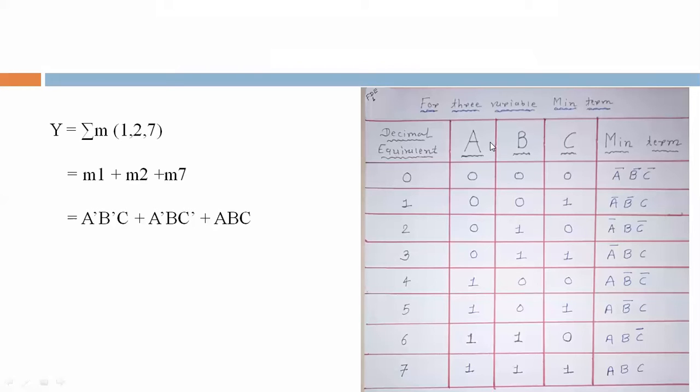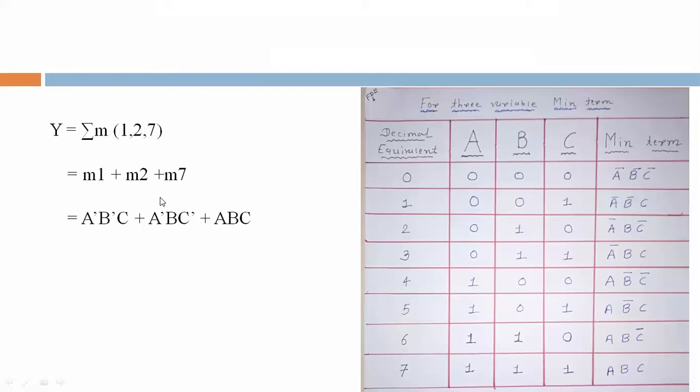It indicates the binary equivalent of that minterm of the function. This is the decimal number, 0 1 2 3, and for the minterms we write a small m before it. So m0 will be there, m1 is there, m2 is there, m3 is there.